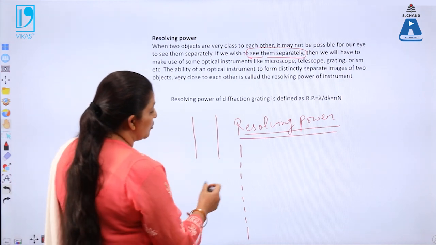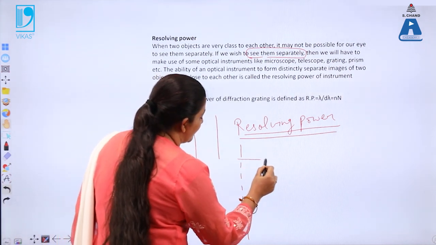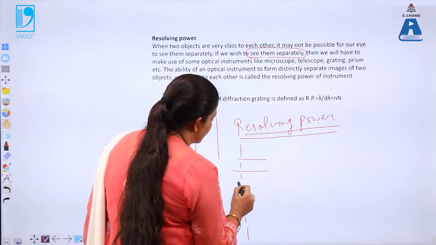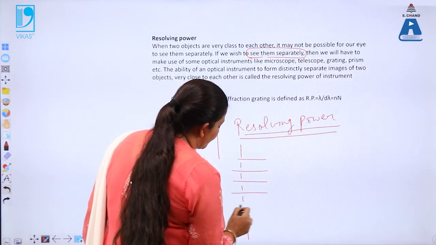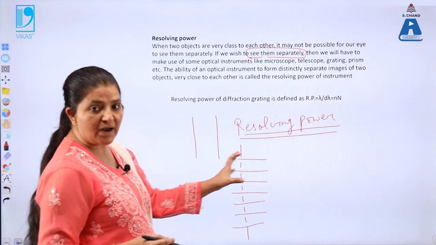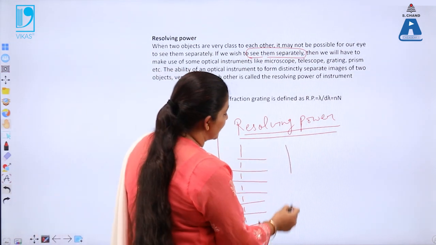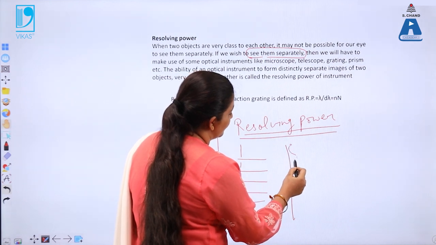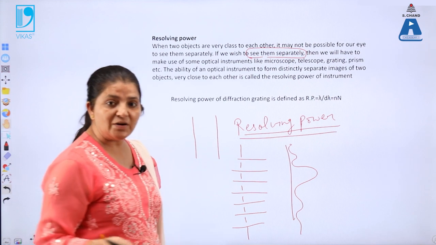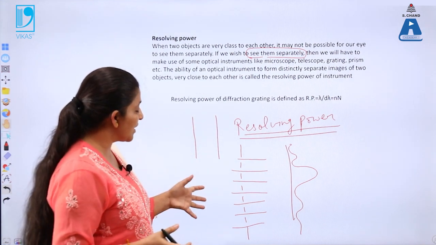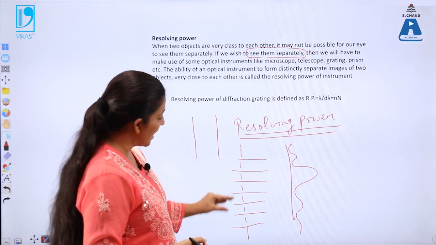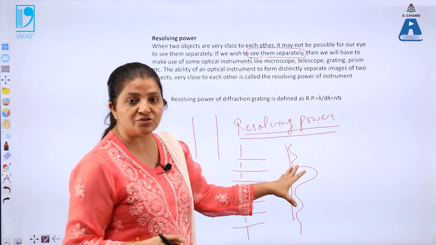We will get a diffraction pattern from this slit, and again from this slit, so a large number of diffraction patterns are obtained. After that, by superposition at the screen, we will get the resultant diffraction pattern. So the resolving power of the diffraction grating describes how we can resolve the diffraction pattern of each and every part separately from each other.